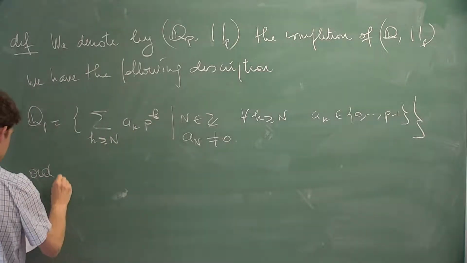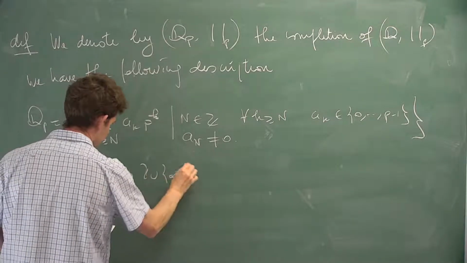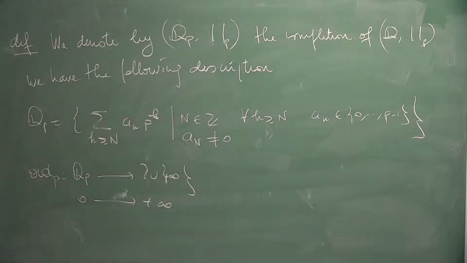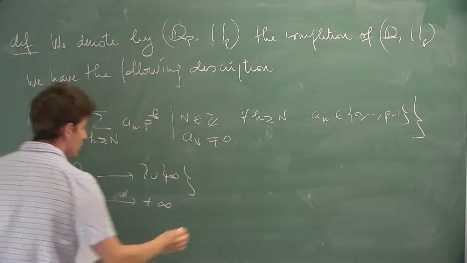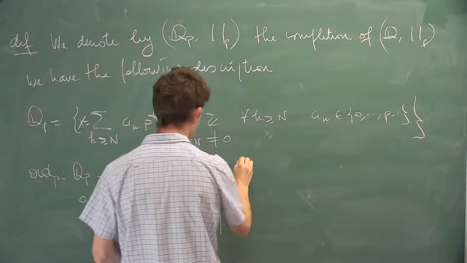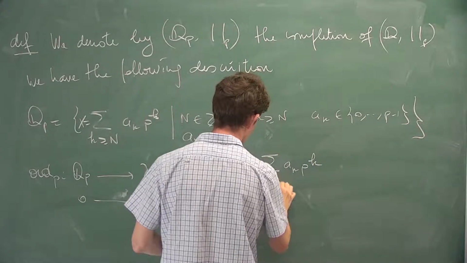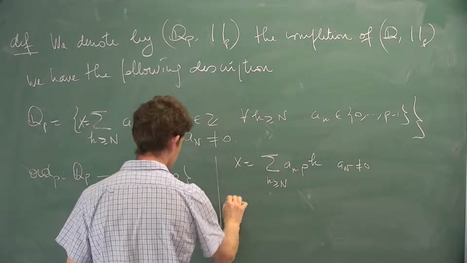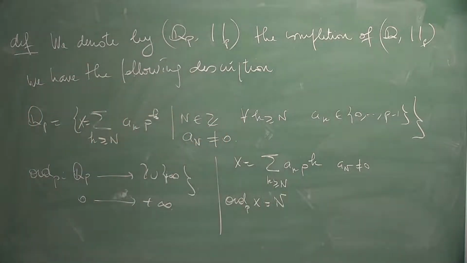So the order from Q_p, you map 0 to infinity, and the order of x in that case is n.